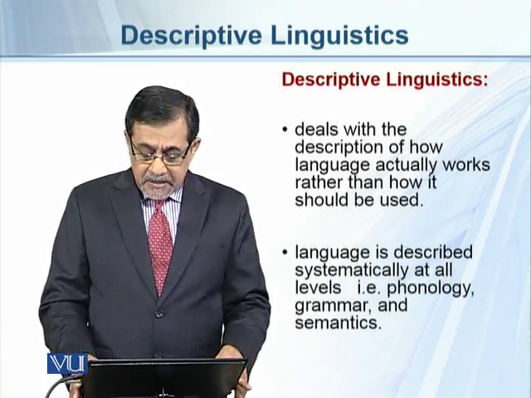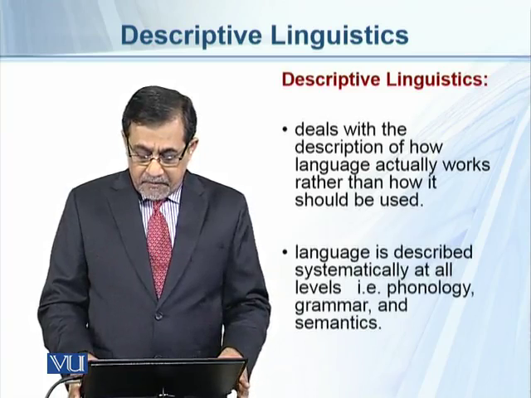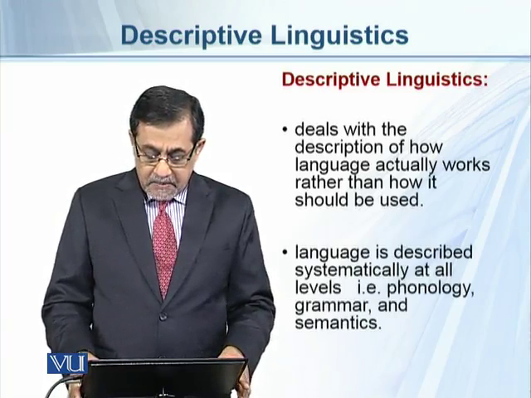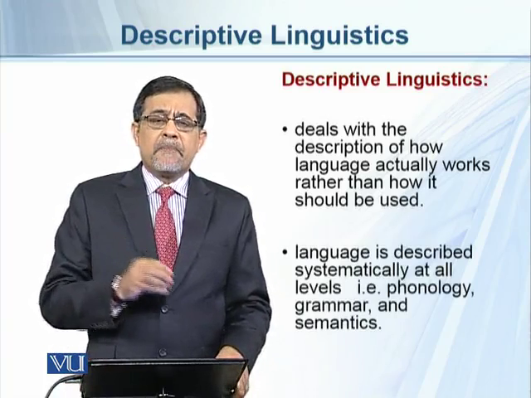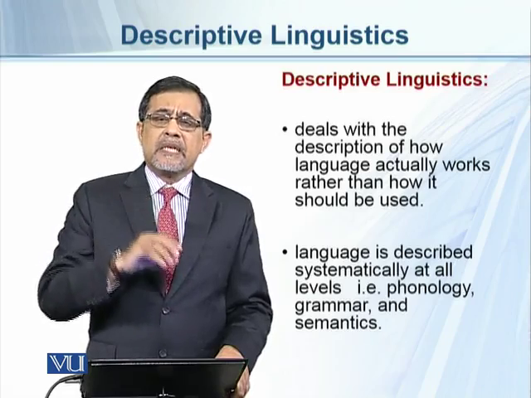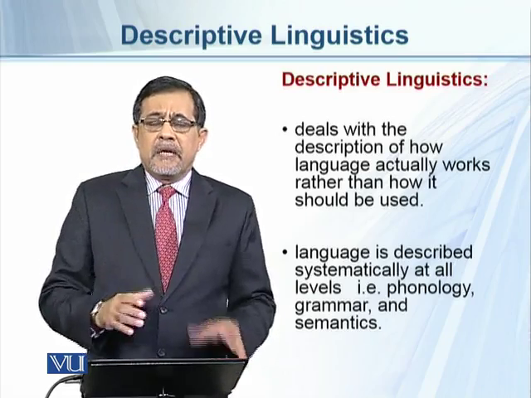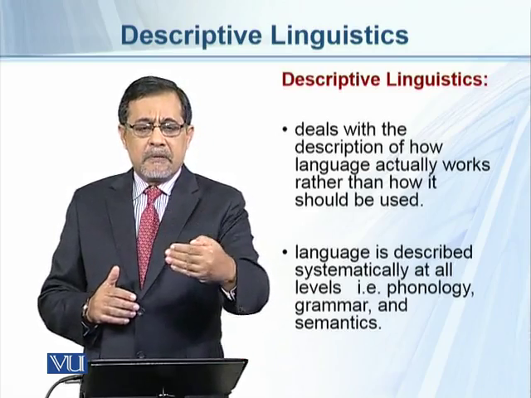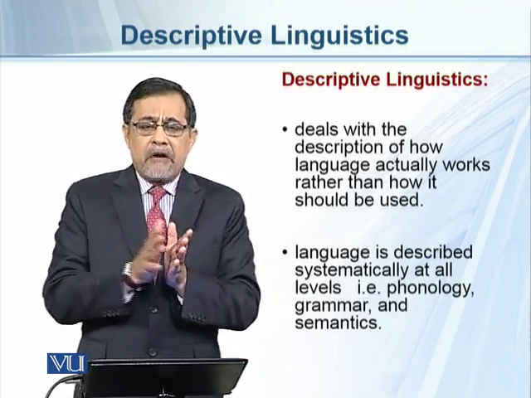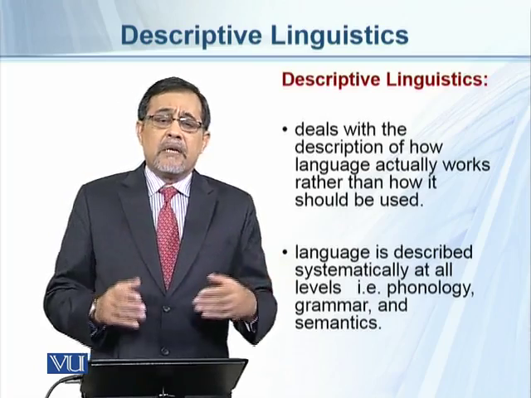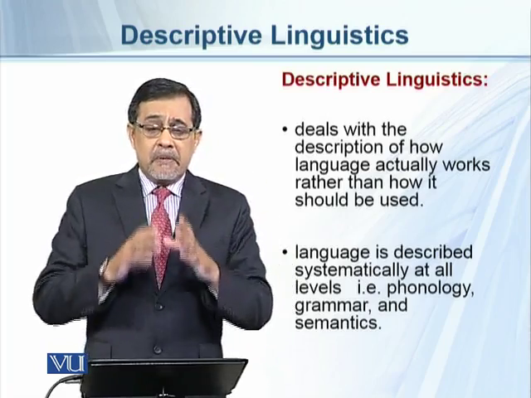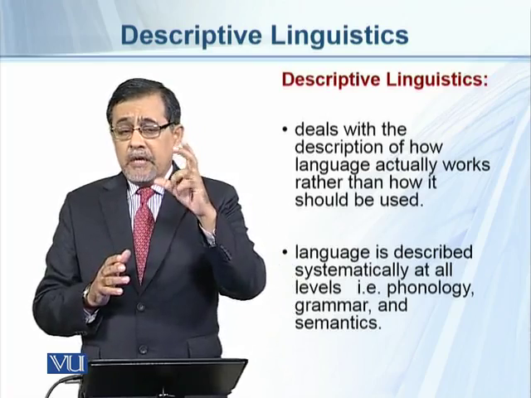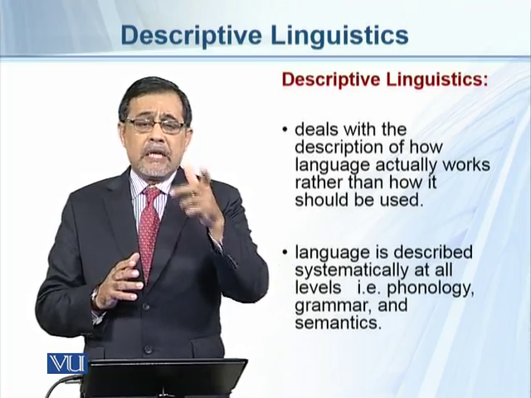Language is described systematically at all levels: phonology, grammar, and semantics. So, in the descriptive approach, we describe language at the level of phonology: how we join phonemes and make different sounds, how syllables are made, what the boundaries of the syllables are, how we find the element of stress in the English language.